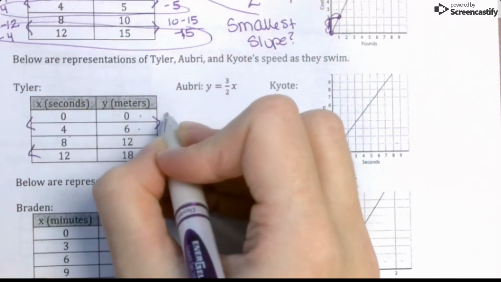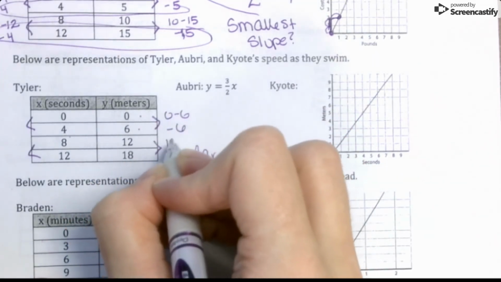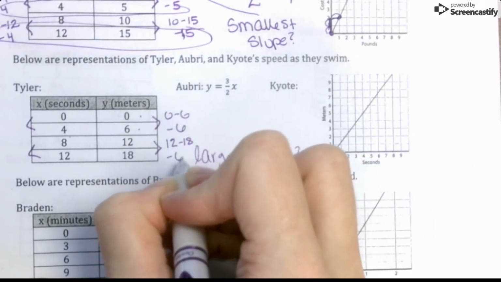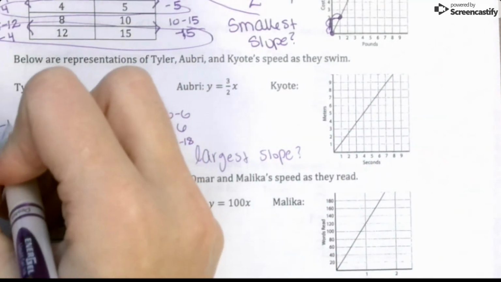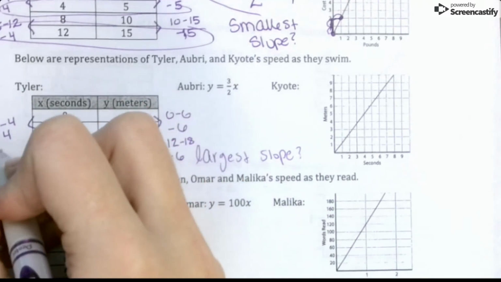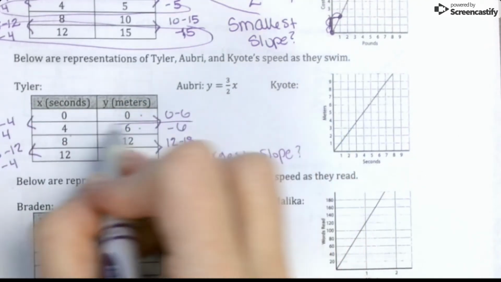What's 0 minus 6? Negative 6. What's 12 minus 18? Negative 6. And if you're the person that knows how to do that subtraction, then you don't have to write that. That's just me showing y'all how I'm getting these answers. 0 minus 4, negative 4. 8 minus 12, negative 4.